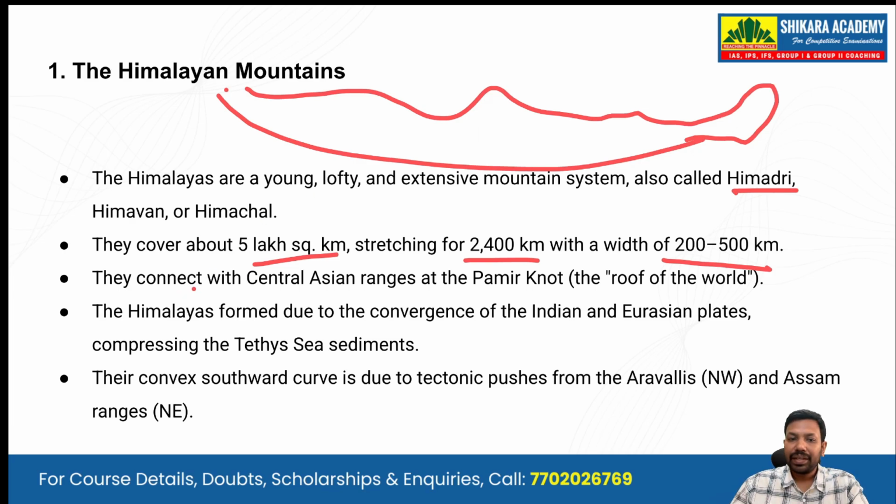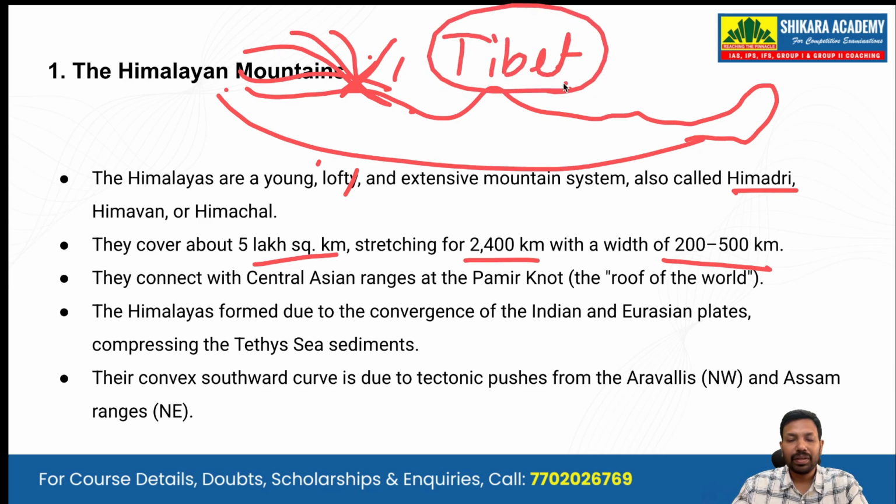Now, they connect Central Asia, or you can say they divide Central Asia. But on the north of India, we have a series of mountains called the Pamir Knot. And to the north of these Himalayas, we have Tibet. Tibet is one of the most beautiful places. It is a part of the Himalayas.